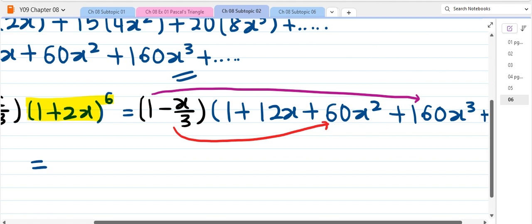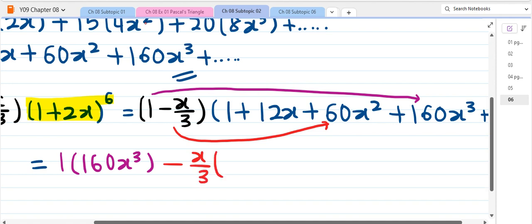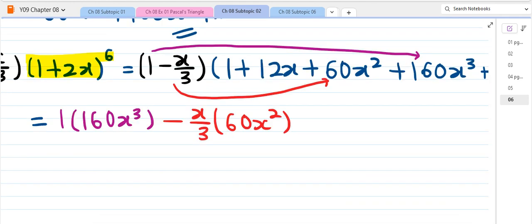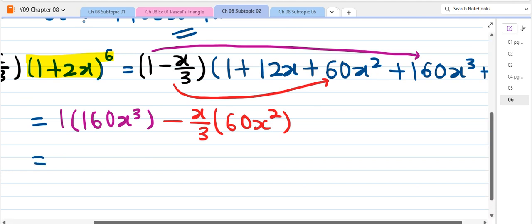So you will have the terms over here: 1 times 160x cubed, and also minus x times positive 60x squared. Just be careful here with the expansion. 1 times 160x cubed is still 160x cubed, and minus x times 60x squared is going to be minus 60x cubed.